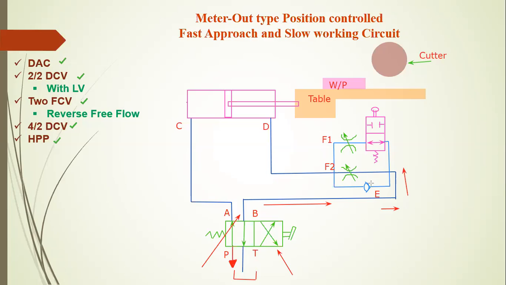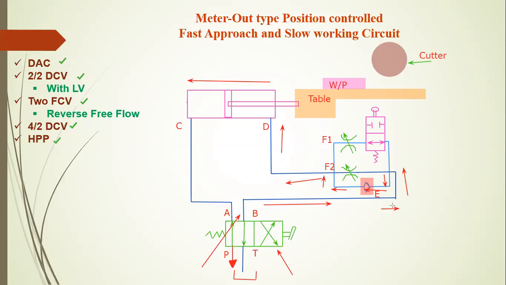At this point this check valve is operated and the oil passes freely this way. The oil passes from this E point directly to the D point. At this time the piston arrangement moves fast because there is no restriction in the flow.